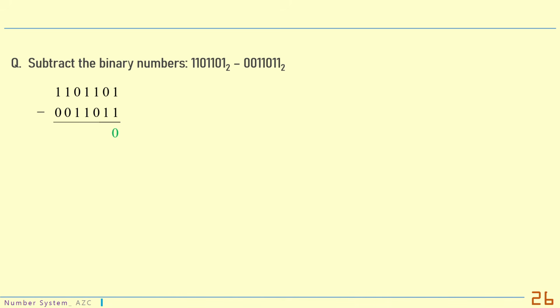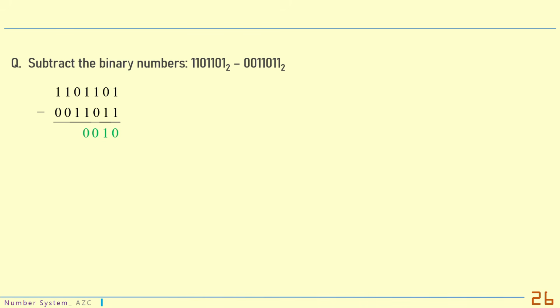So borrowing from the next higher order digit, 10 minus 1 is 1. After donating 1, this 1 becomes 0. So 0 minus 0 is 0. 1 minus 1 is 0.